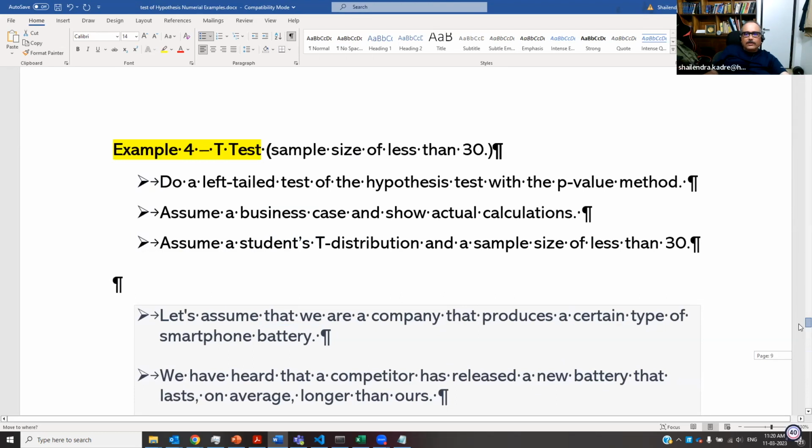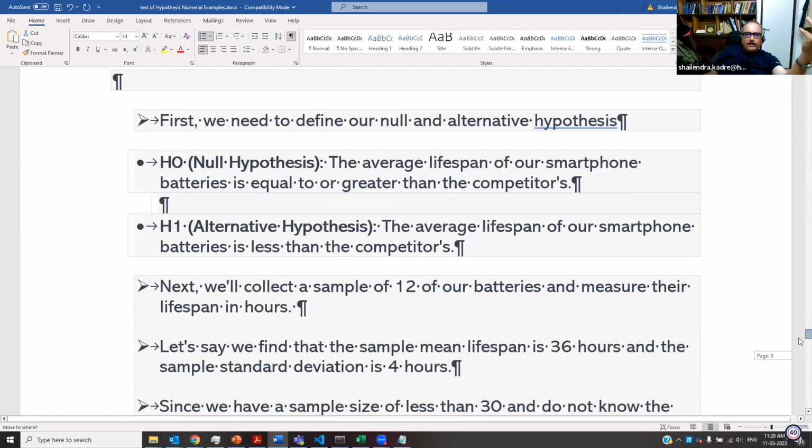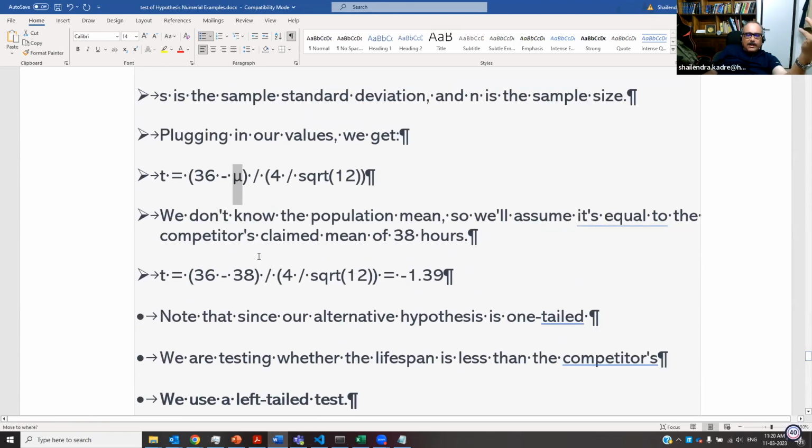So okay, we have some other data point. This data point I have not written above, but suppose one more data point is given, that the competitor is claiming that his battery lasts for 38 hours. So we take that as the population mean.